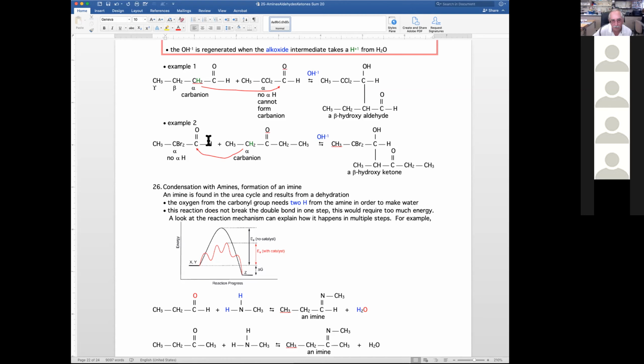This one, no alpha hydrogen, no alpha hydrogen. So the only carbanion I can make is at this particular carbon right here, and that's going to have to attack that carbonyl group. So I form that new bond, right? Nothing happened here, nothing happened here, and that carbonyl group gets turned into an alcohol.